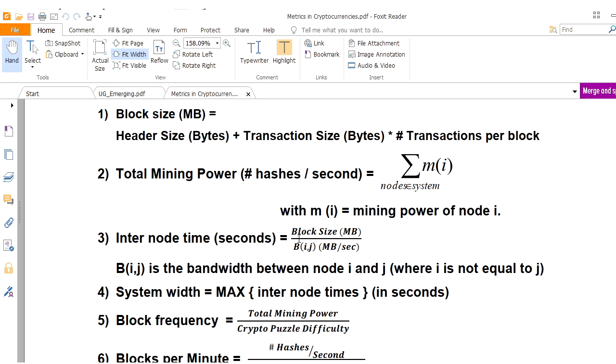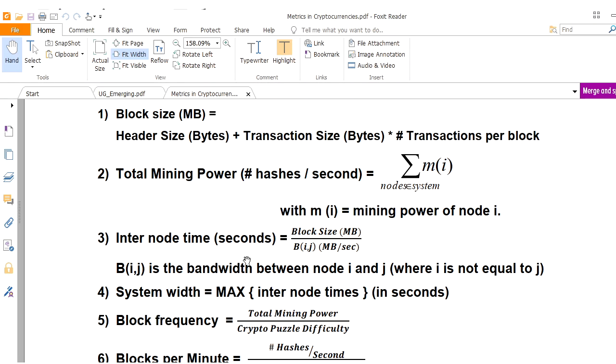Internode time is in seconds: block size divided by bandwidth between i and j nodes, where node i and j are the peer nodes in the network. Next, system width is equal to the maximum of internode time between i and j.